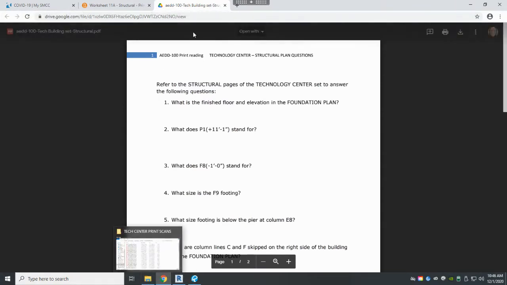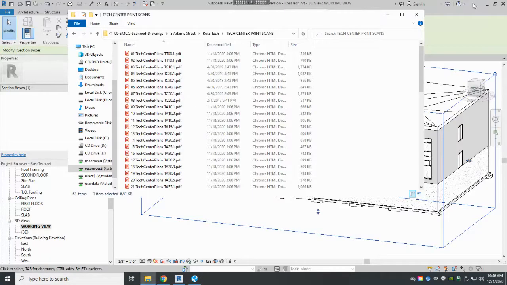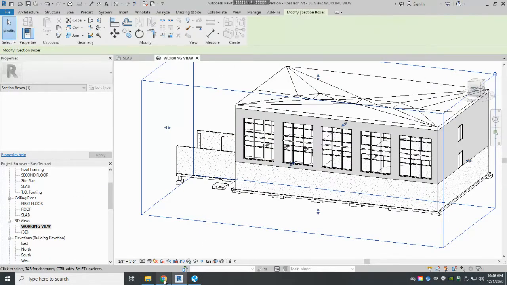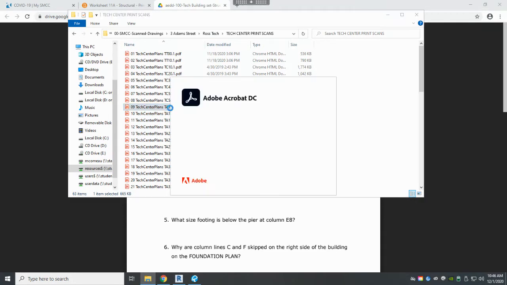I want to minimize this and go to the set this way. Whoops, it was just there. There we go. So I'm going into the architectural set in that same space, which would be in room TA 10.1, or is that the foundation?